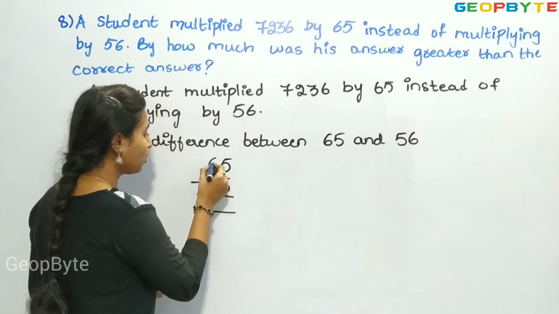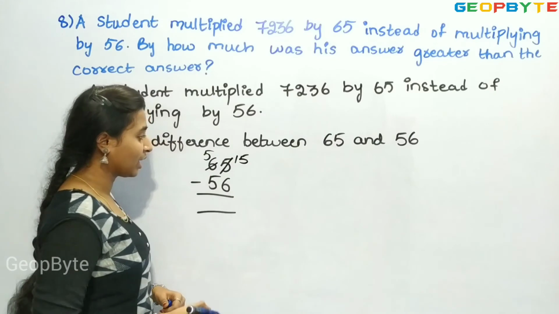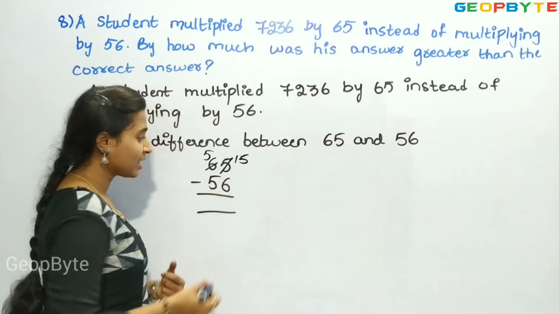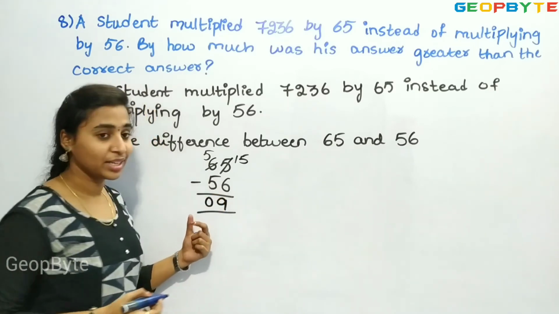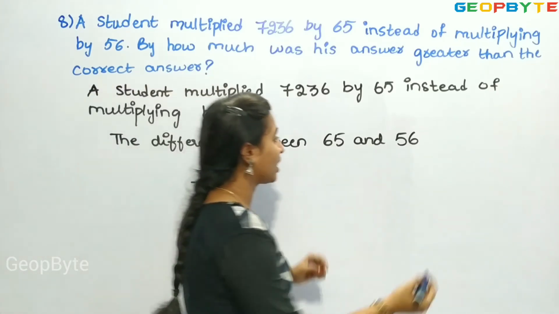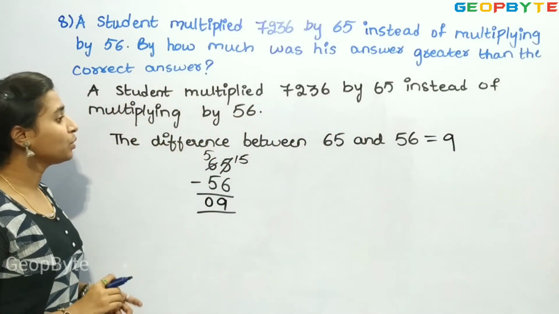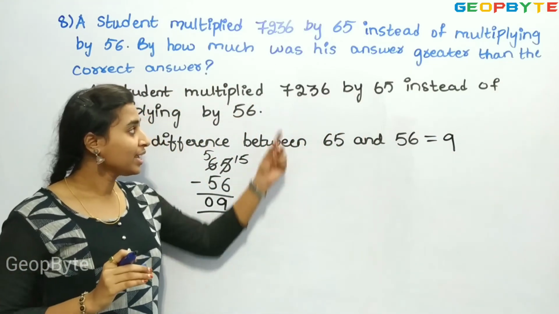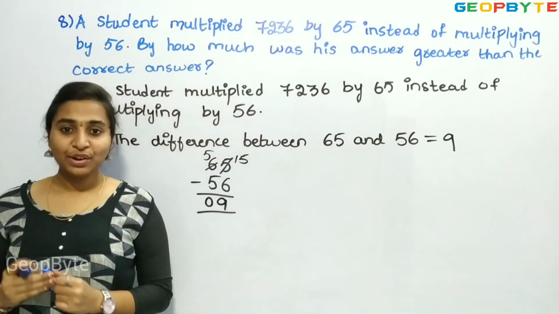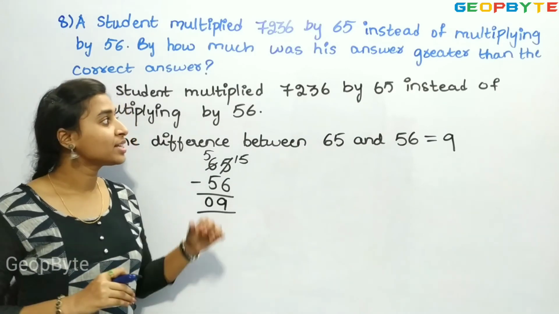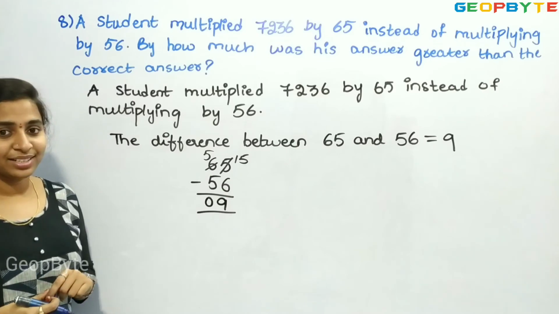So let us borrow. 6 becomes 5. This 5 becomes 15. 15 minus 6 is directly 9. 5 minus 5, 0. So the difference between 65 and 56 is equal to 9. Now see, if we multiply 7,236 by 9, we can find the answer, that is, the amount by which the answer will be greater than the correct answer.